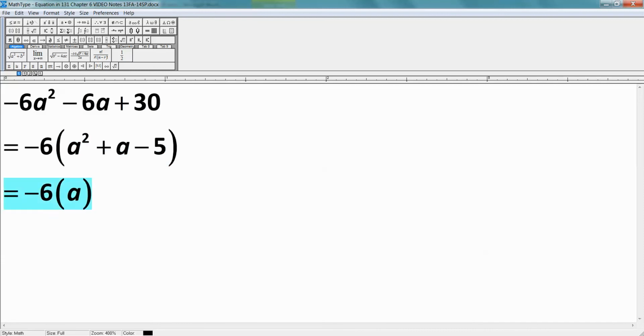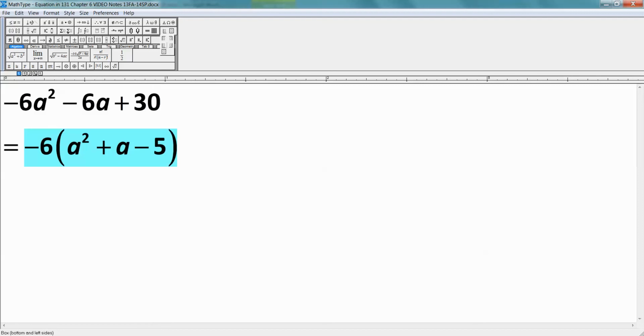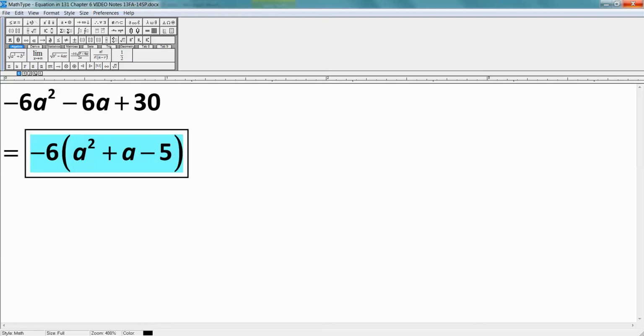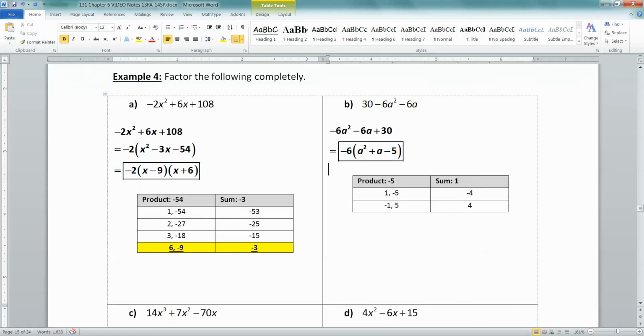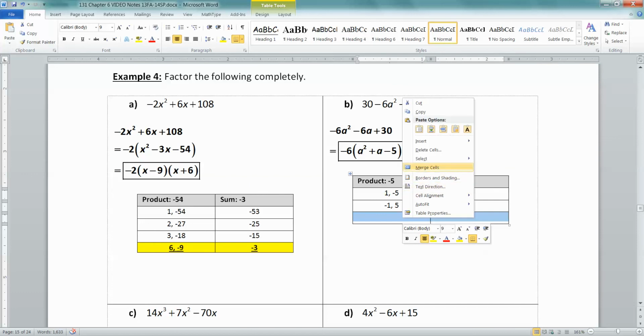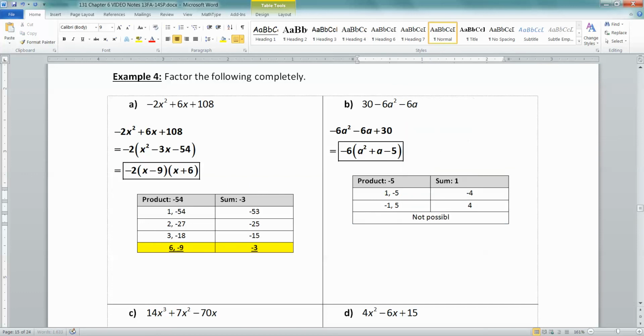But we already factored out a GCF to begin with, so we're done right here. We factored out what we could. The remainder is unfactorable. The problem itself isn't prime, though. Don't get into that, right? So this is not possible. Let's make a little note. Not possible, right? Isn't going to work.